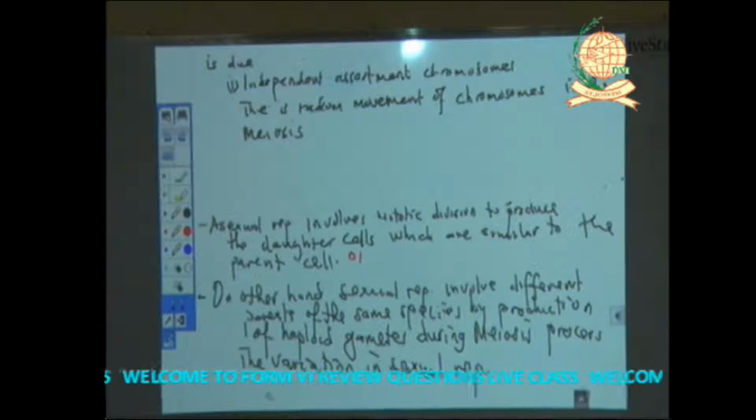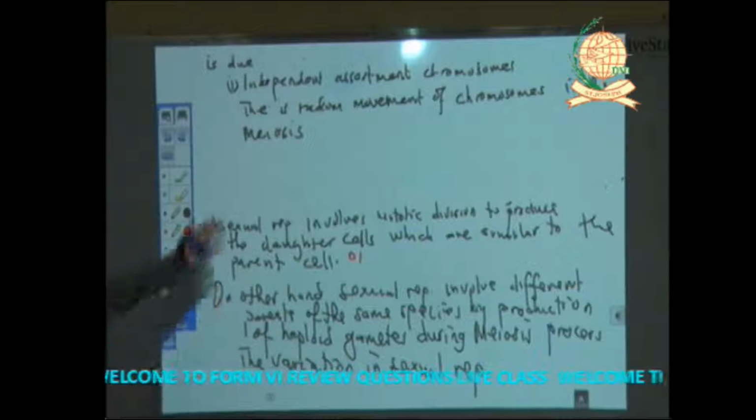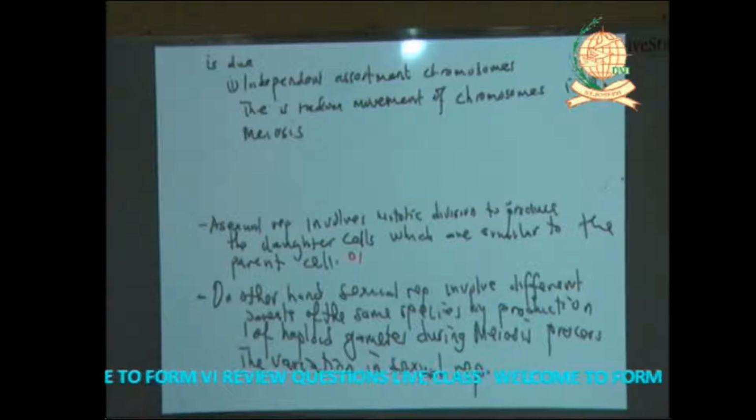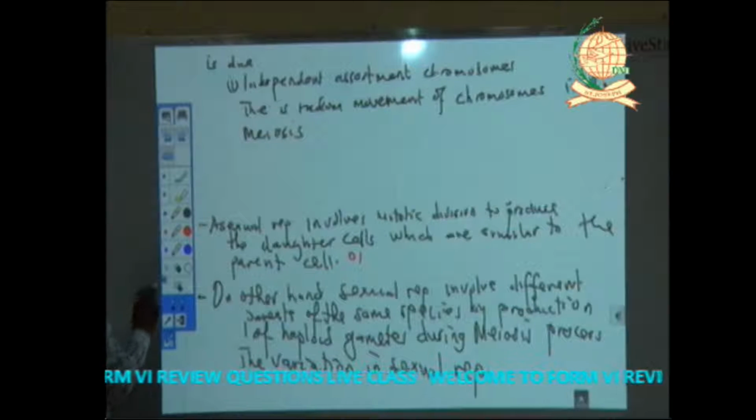Random movement of chromosomes in meiosis 1 is why it causes that variation. So let me show you this.